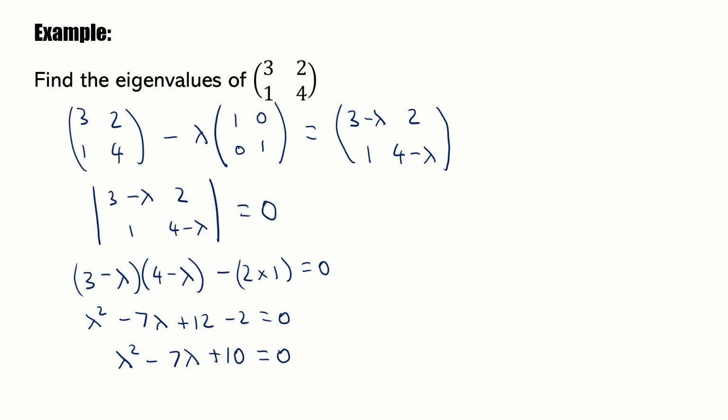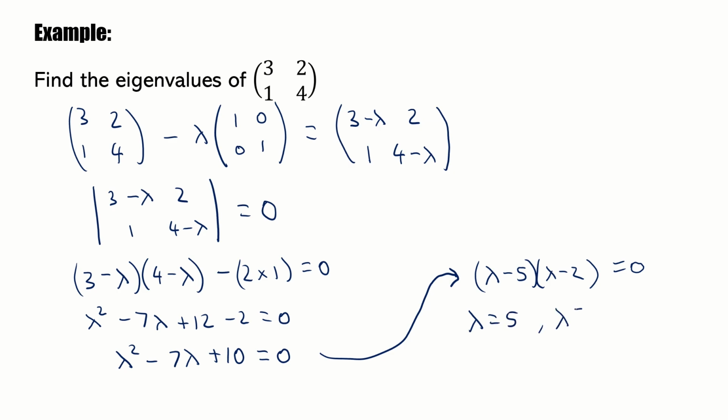And the reason that is so nice is because this is one that just factorizes very nicely. We're going to get lambda minus 5, lambda minus 2, which therefore means our eigenvalues for this matrix are lambda equals 5 and lambda equals 2.